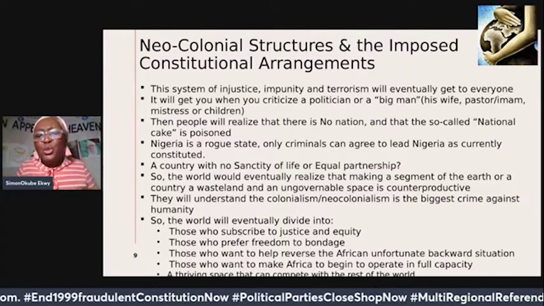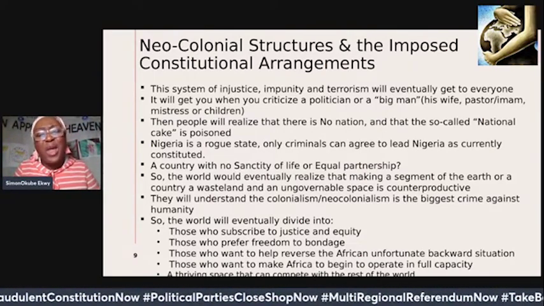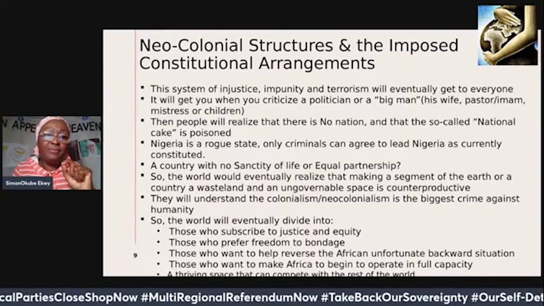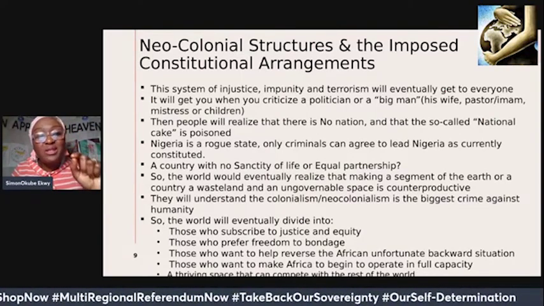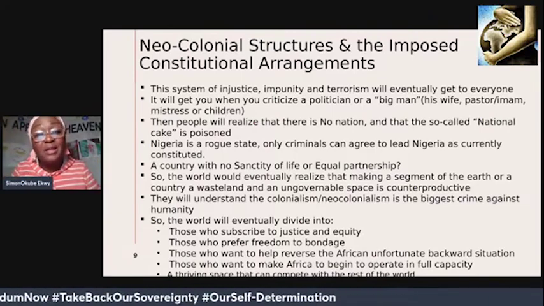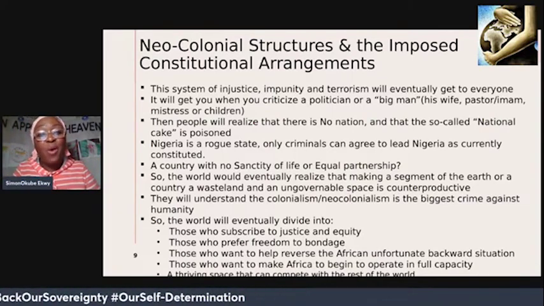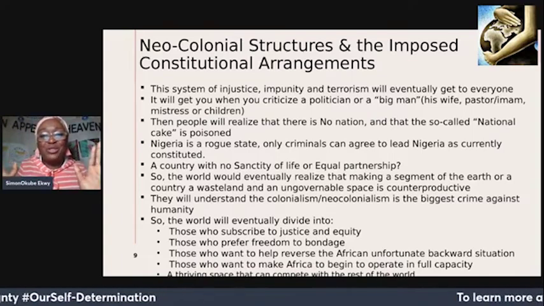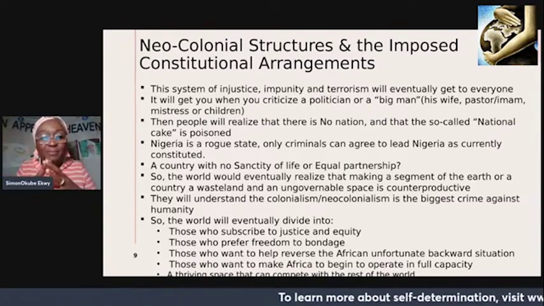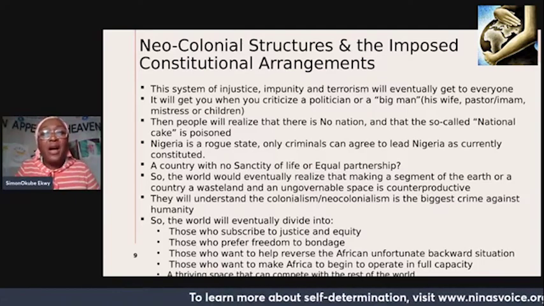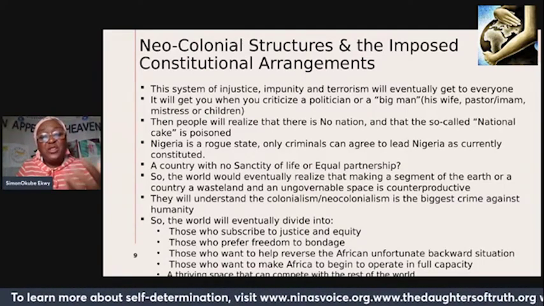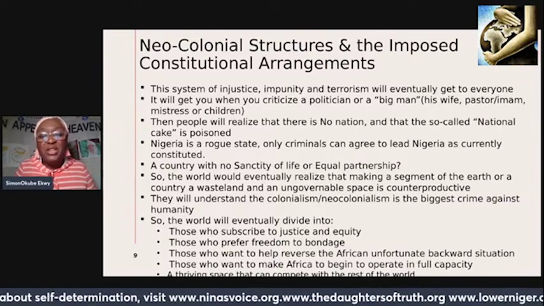So eventually we are going to get to the point where everyone on this earth who subscribes to justice and equity will begin to shout against colonialism and neo-colonialism. Otherwise, you saying that you support justice and equity will be fallacy. You're just talking. So the world is going to divide into those who prefer freedom and those who prefer bondage.